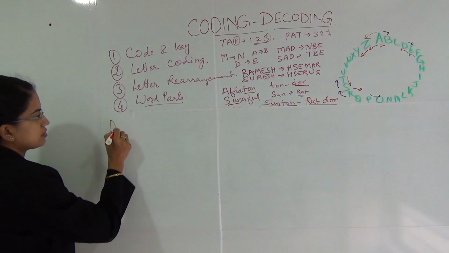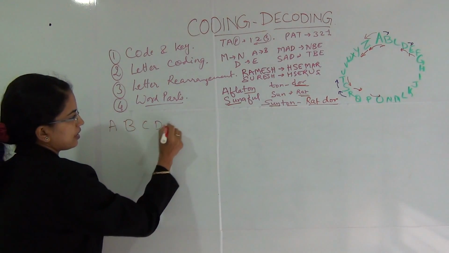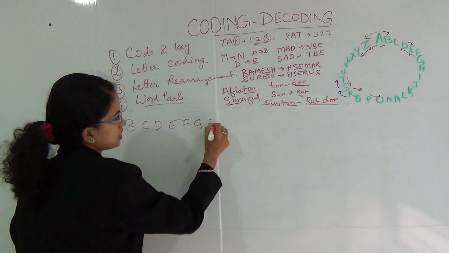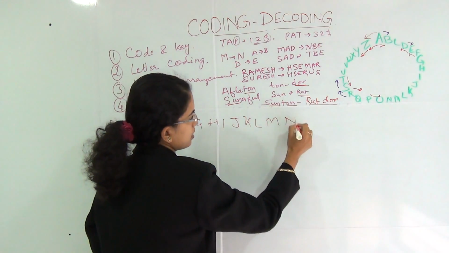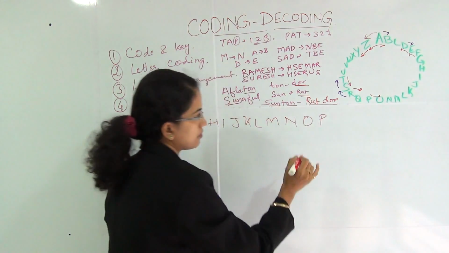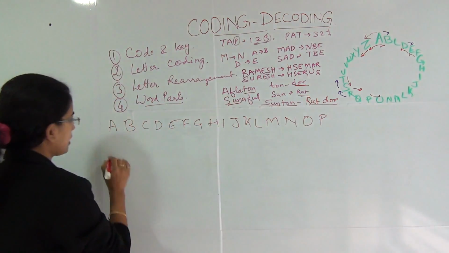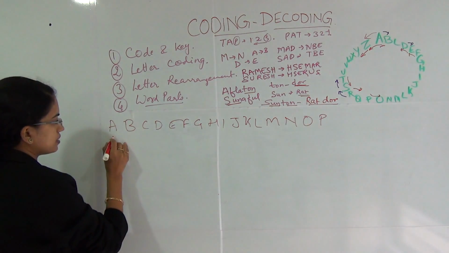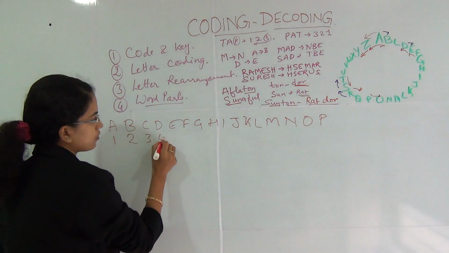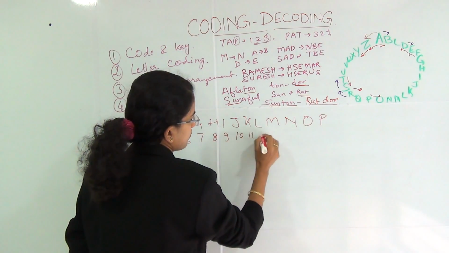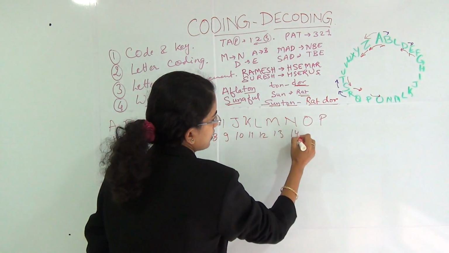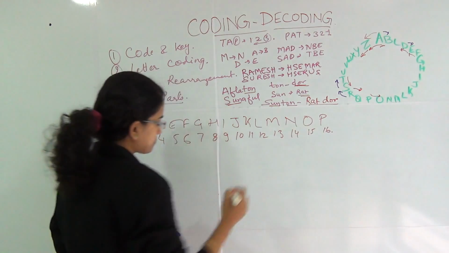So let me just make it here. You have A, B, C, D, E, F, G, H, I, J, K, L, M, N, O, P. Let's say we do it till P, and I have the corresponding numbers here: 1, 2, 3, 4, 5, 6, 7, 8, 9, 10, 11, 12, 13, 14, 15, and 16.